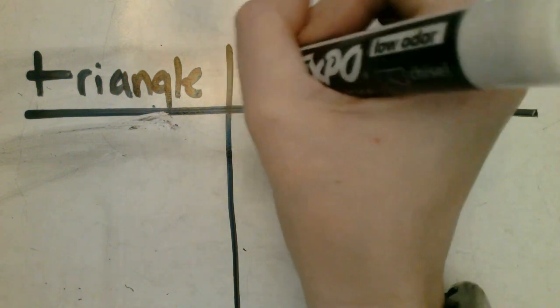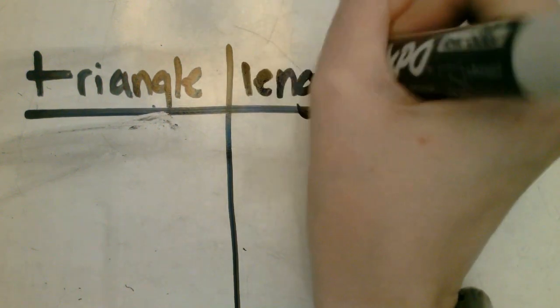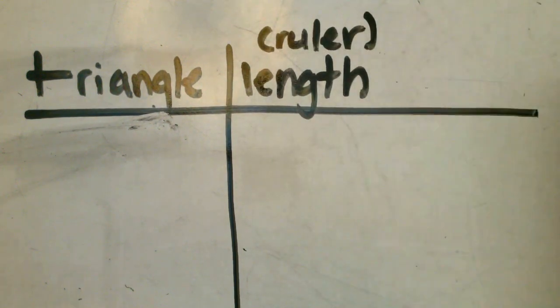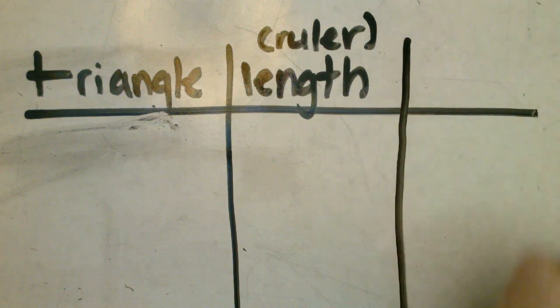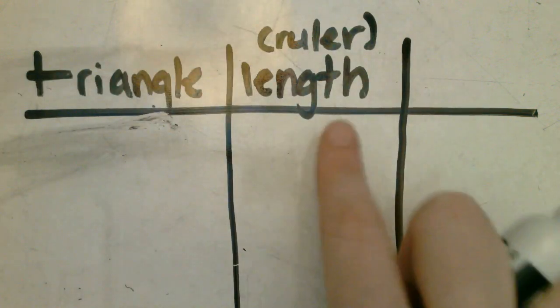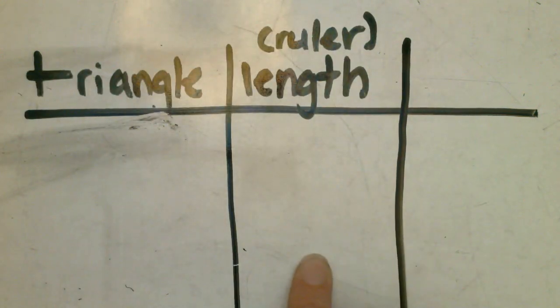In our second column, we're going to write length. To find the length of our triangle sides, we're going to use our ruler. Now remember, a triangle has 3 different sides, so you'll have 3 different measurements for each of your triangle lengths.